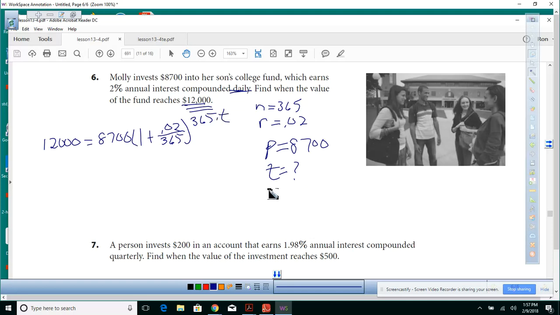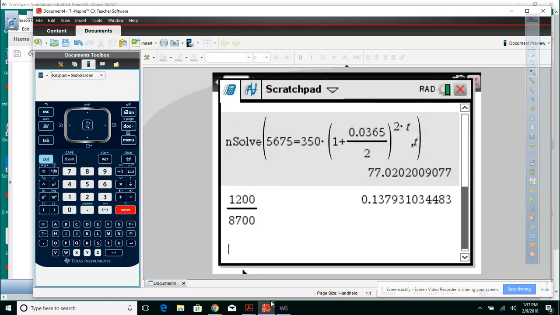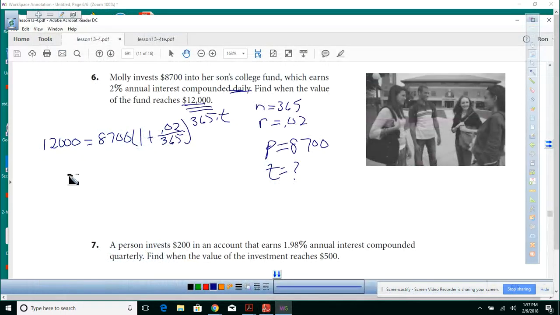You can graph it, and let me show you how to do it if you can't graph it. We take 12,000 divided by 8,700, which is 1.379. That equals 1 plus 0.02 over 365, to the 365 times t. Now we have to figure out how long it takes.